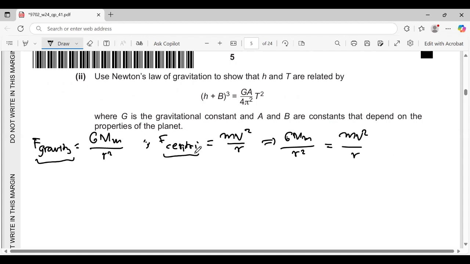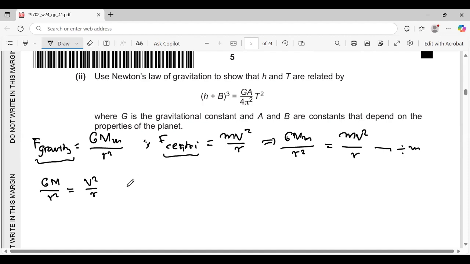And we can simplify if we divide by m, left hand side divided by m, right hand side divided by m. This equation becomes GM over r squared equal v squared over r.